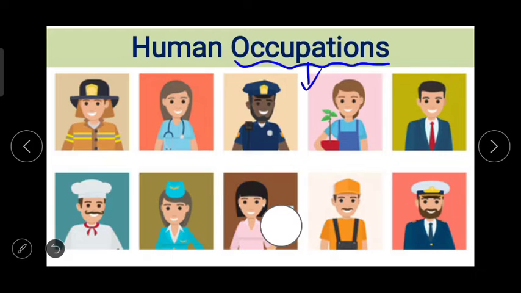So the meaning of the word occupations is nothing but the things which we do for our living. For example, our parents: if mummy does no job and is at home, a housewife, but papa goes out for some work, then that work is nothing but the occupation of your father. That is an occupation. There are a number of occupations and these occupations are divided into different types.